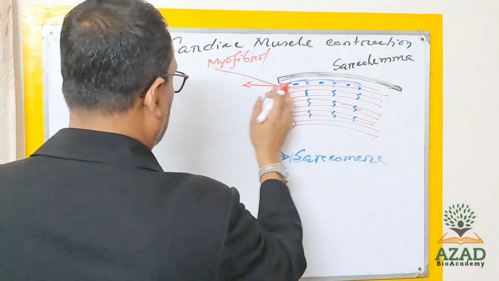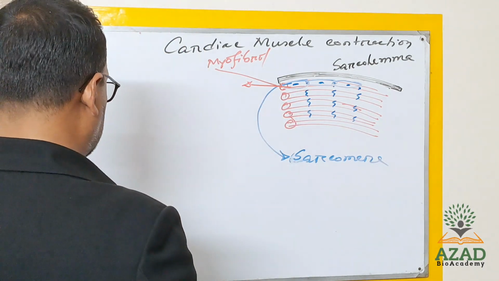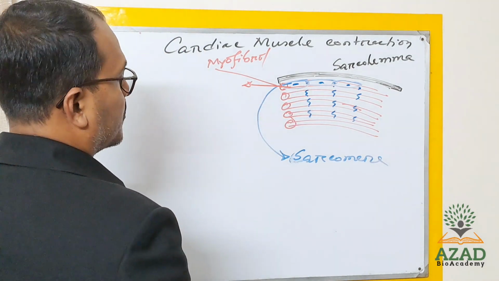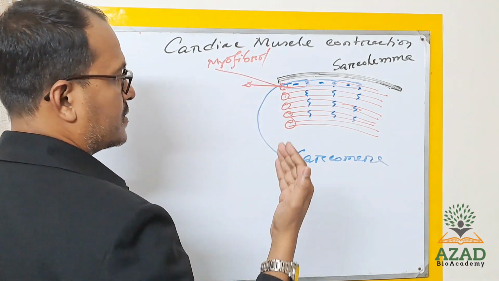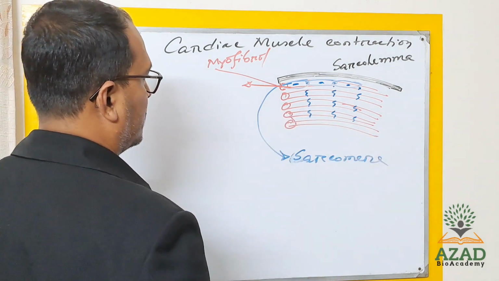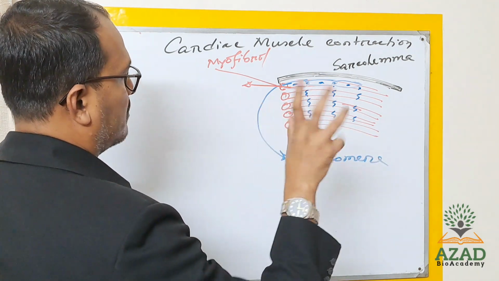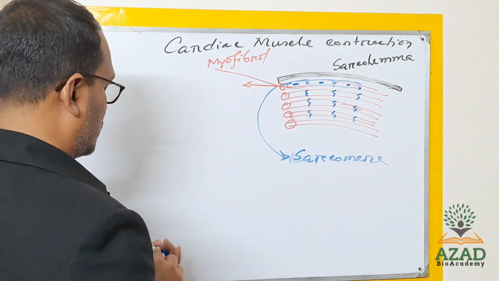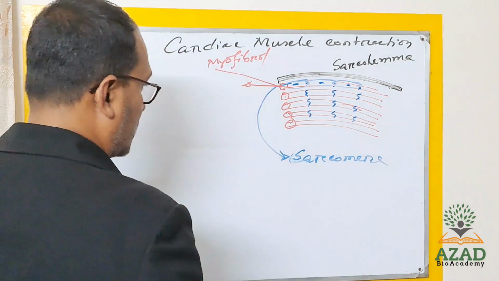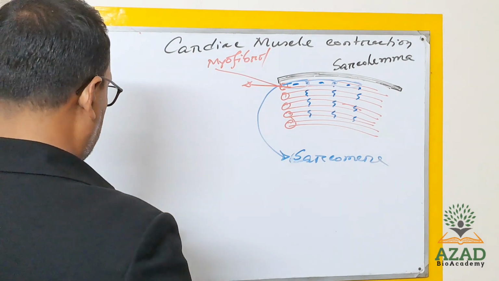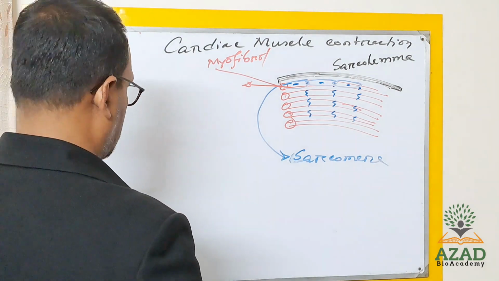The sarcomere is basically made up of filaments, that is thick filament and thin filament, that is actin and myosin. So how they are organized within the sarcomere, I will now try to draw.